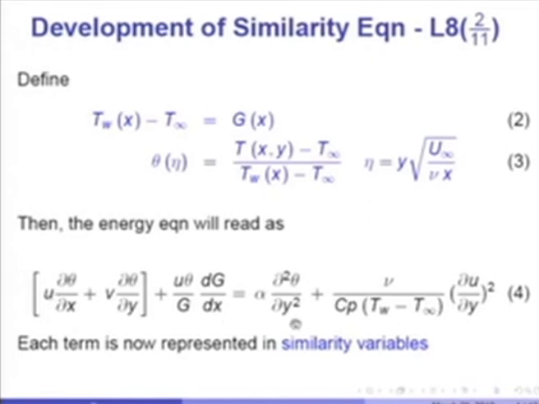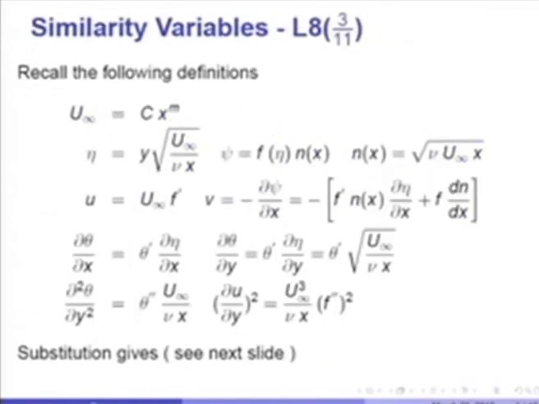For the velocity boundary layer, the similarity variables are u infinity equal to c x raised to m, eta as we saw before is y into square root of u infinity divided by nu x, psi is f of eta into N x, a function of x. N x itself is under root nu u infinity x, and we define u over u infinity equal to f dash.